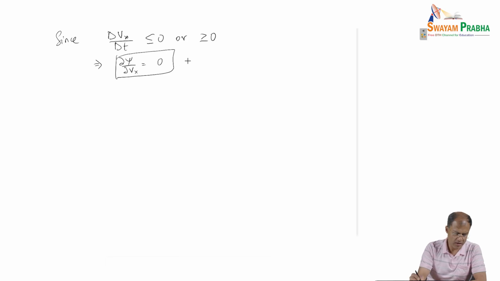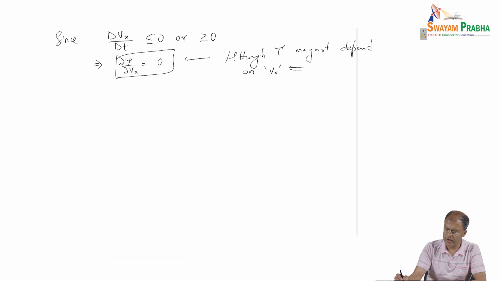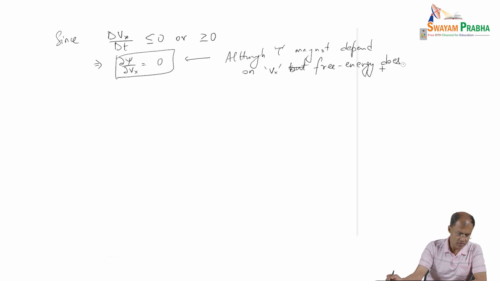We have the following: although tau may depend on Vx, tau is the stress, it turns out that free energy does not.